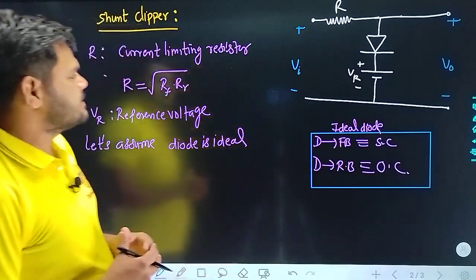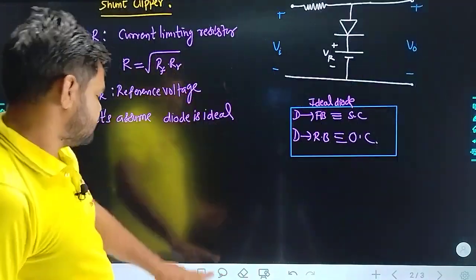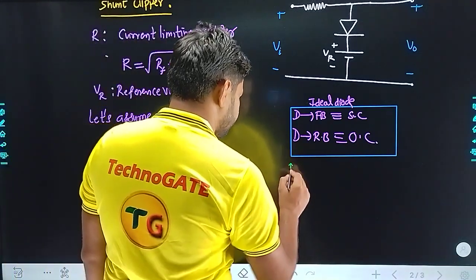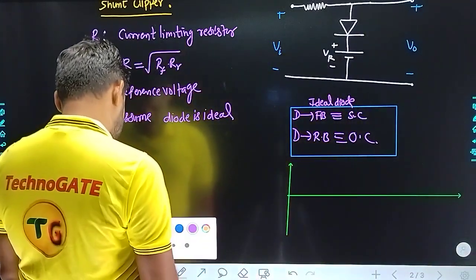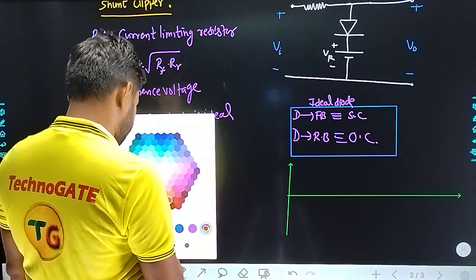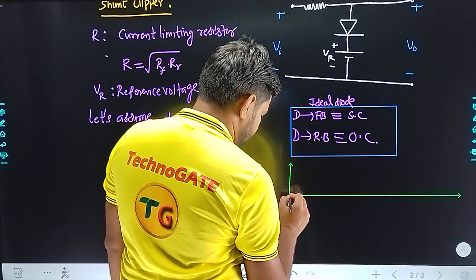Now let's take the input we have applied. Suppose the input waveform is a very simple sinusoidal waveform. Guys, don't get scared. I am going to put input and output waveforms on a single scale so that you get better clarity.